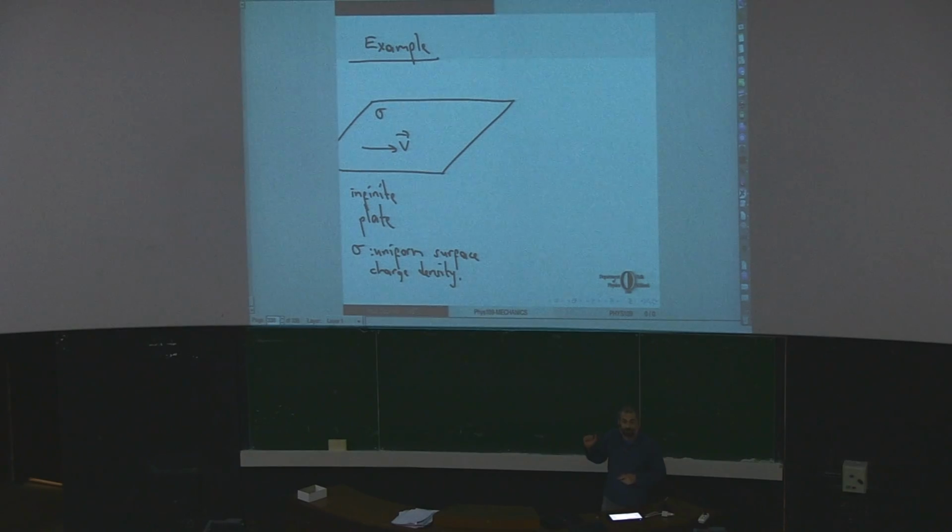I have these charges. They are moving. So I have moving charges, which means I have a current there. If I have a current, that means I have a magnetic field. It's infinite.